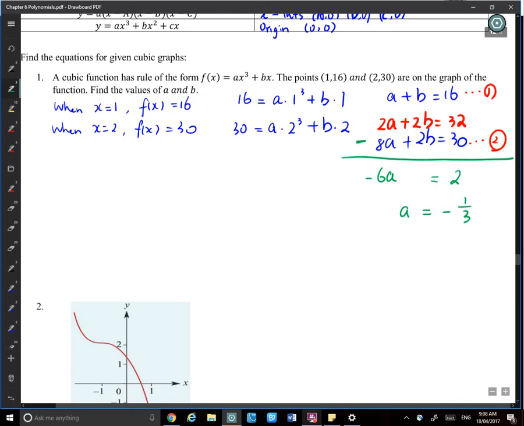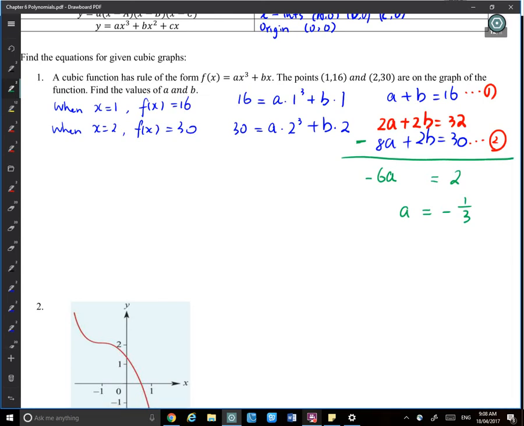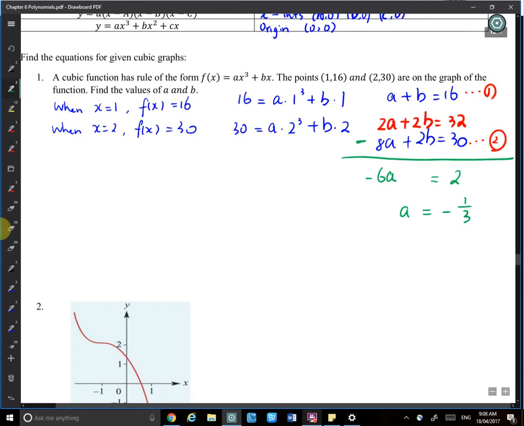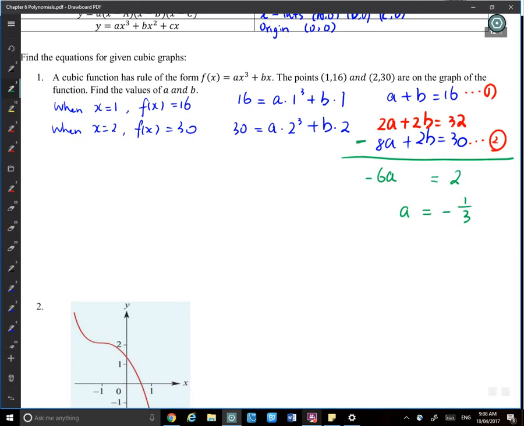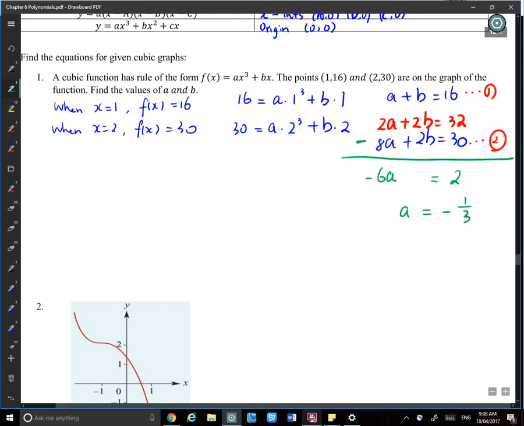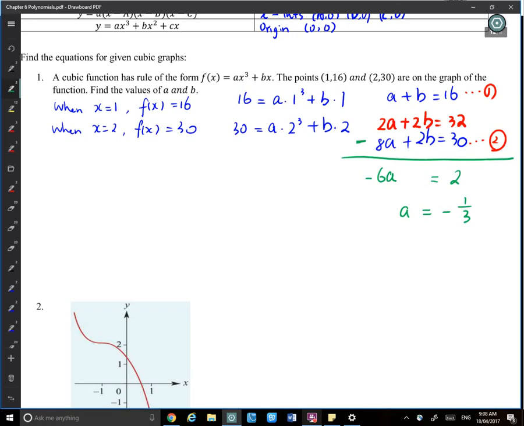To recap: 16 equals a plus b, and 30 equals 8a plus 2b. You multiply equation 1 by 2, so 2a plus 2b gives you 32. 32 minus 30 gives you 2, and 2a minus 8a gives you negative 6a. Divide by that, and you have negative 1/3.